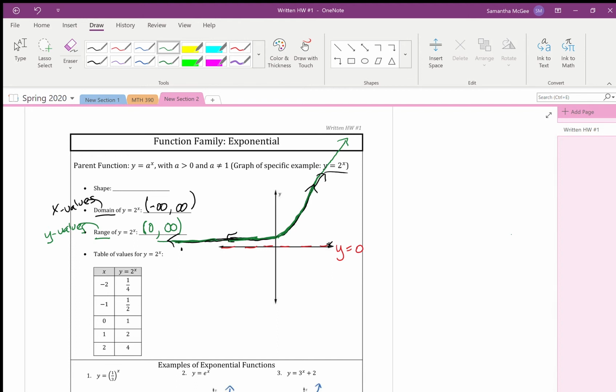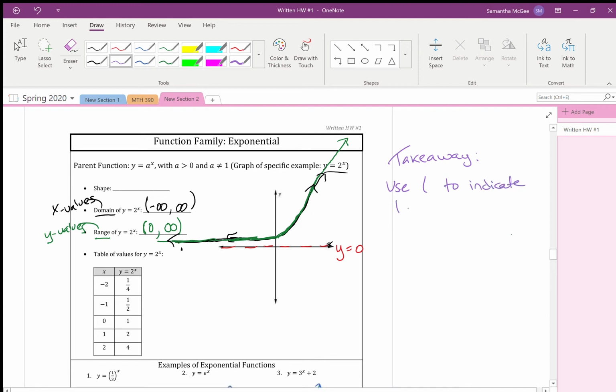So the takeaway, or the lesson to take from that, is that we use parentheses to indicate that we don't want to include the value in the set.